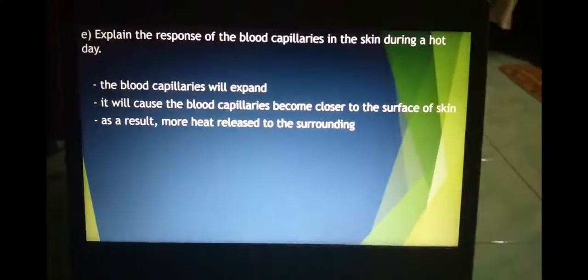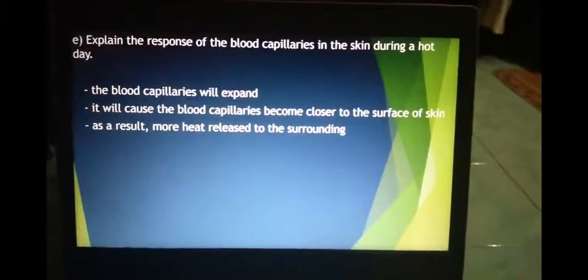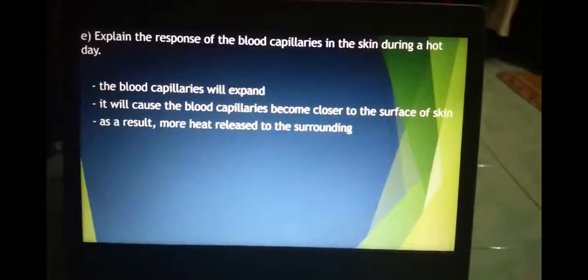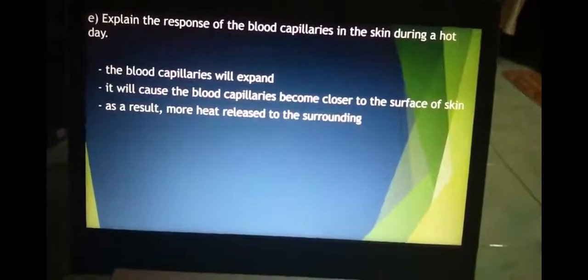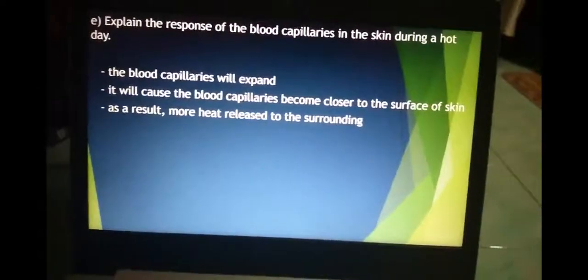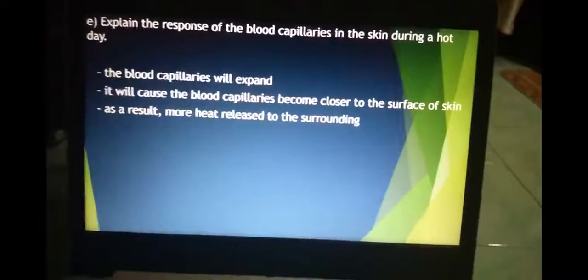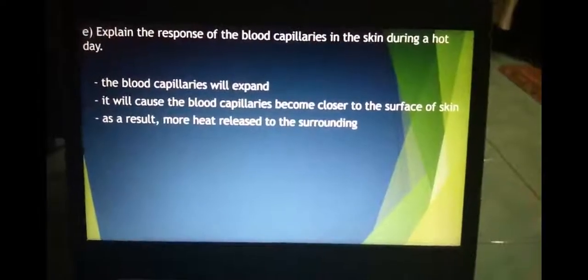Because there is too much heat in the blood capillary. What is the effect when the blood capillary expands? It causes the blood capillaries to become closer to the surface of the skin. As a result, more heat is released to the surroundings.